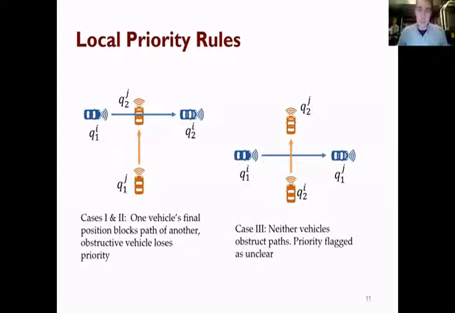So in this case, it doesn't really matter who goes first, because neither one's final or initial configuration is obstructing the other one's path. Either one can move forward, and they're both added to each other's respective undetermined priority sets.